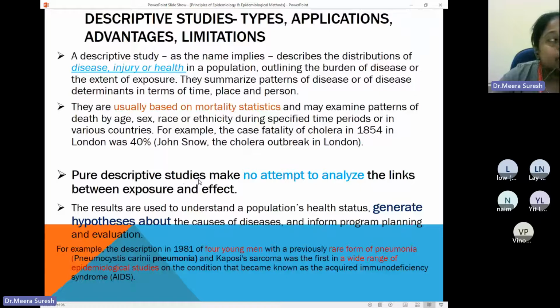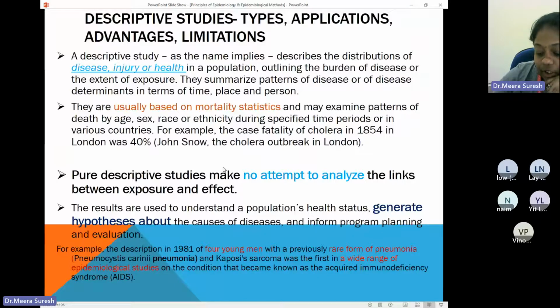For example, in case of a descriptive study, when we describe smoking, we just say there was an increased incidence or prevalence of lung cancer in smokers. This is only a statement actually.